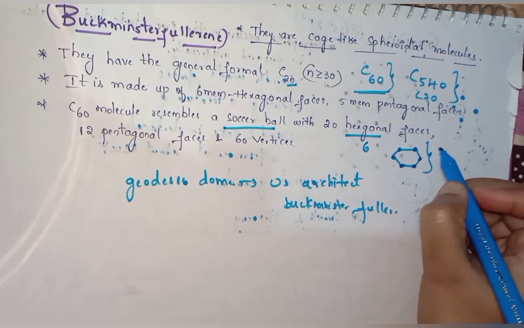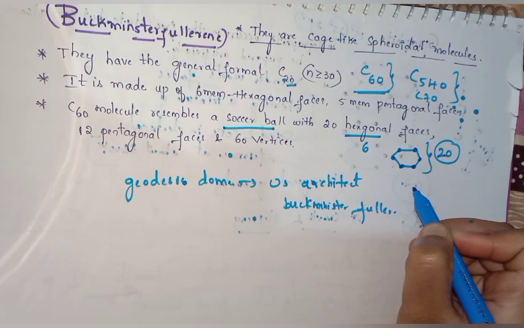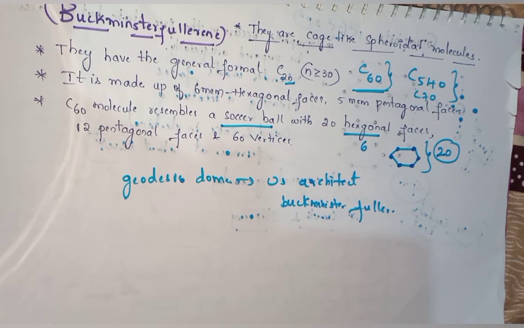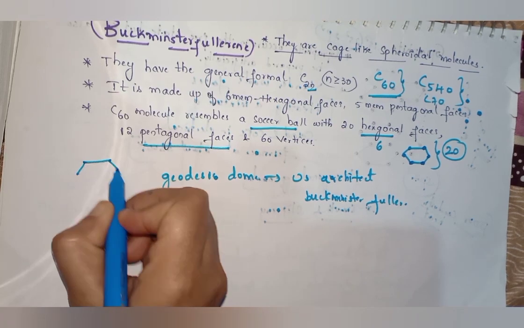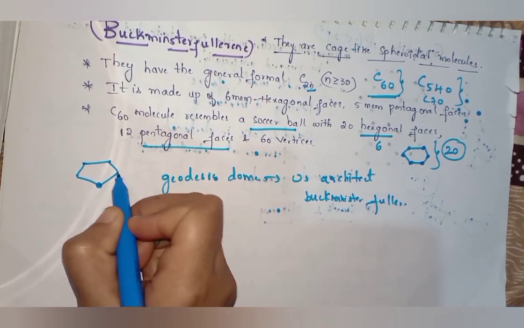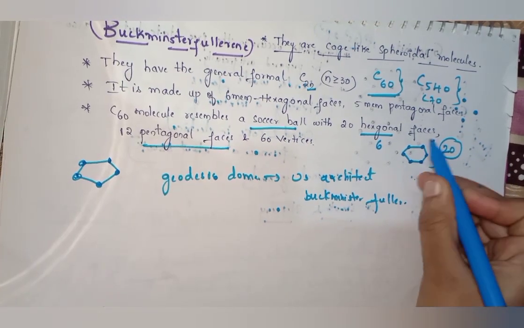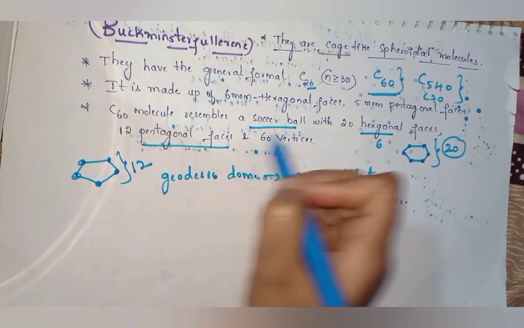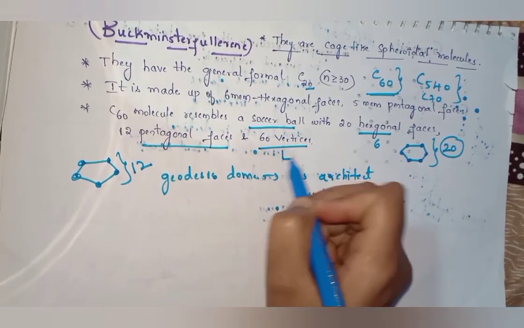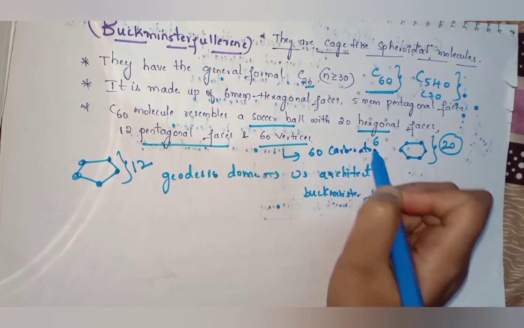These hexagonal faces are 20 and the pentagonal faces are 12. So these hexagonal faces are 20, pentagonal faces are 12 and 60 vertices. That is, it is having 60 carbon atoms.